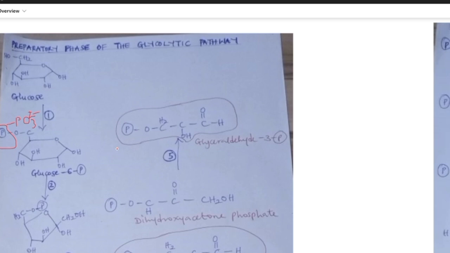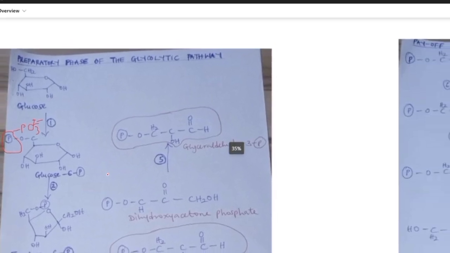Now in step 2, we simply have an isomerization reaction, where glucose 6-phosphate is converted to fructose 6-phosphate. It is the same molecule but now an isomer, so glucose to fructose.